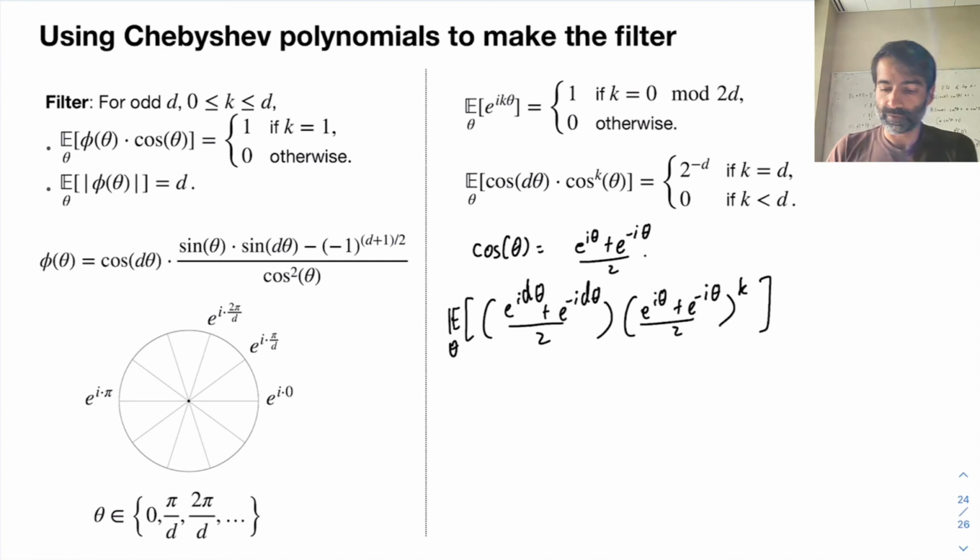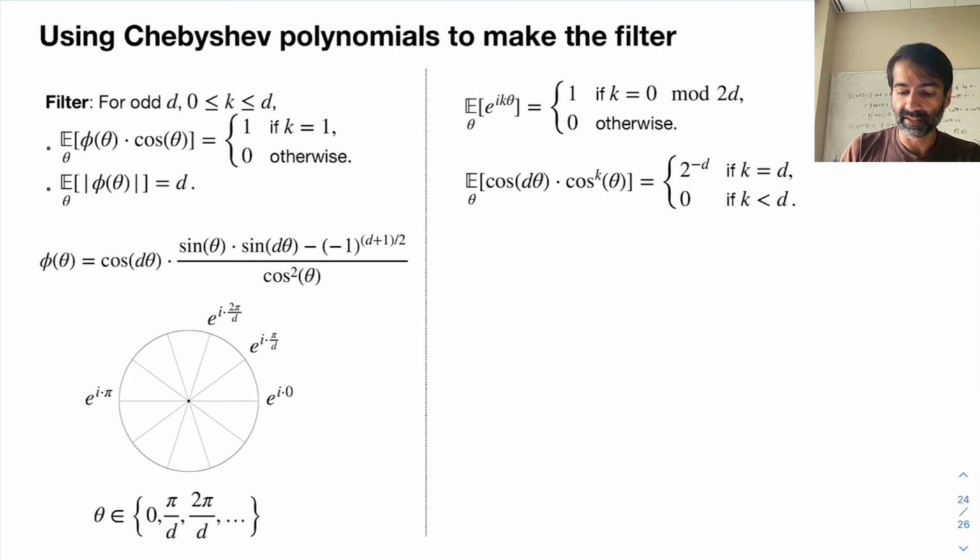And you see that if k is small, then you never get something with phase 0 in this expression. If k is equal to d, then you get exactly 2 terms in this expansion with phase 0, and you can see what they contribute. So that's a nice identity.